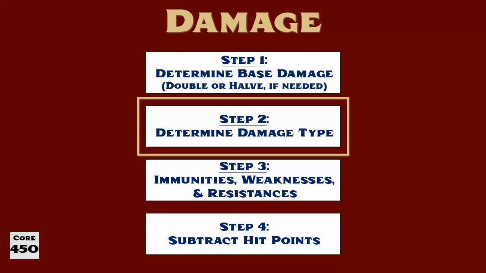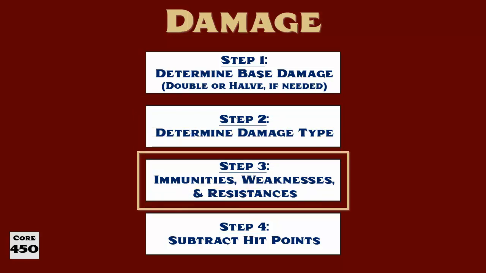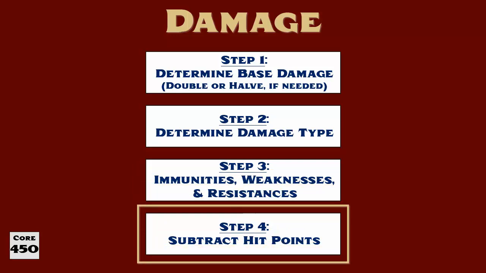At this step, you're mostly just making note of the different traits of the attack for use in the next step, which is step 3, where you apply immunities, and then you apply weaknesses, and last, you apply resistances. And last, in step 4, you reduce the target's hit points by whatever amount of damage remains after step 3. And we'll be talking about that more in a future video, the basics of life and death.